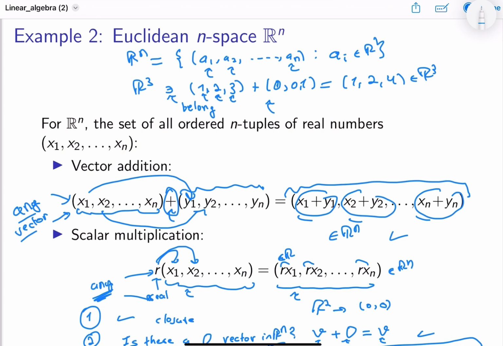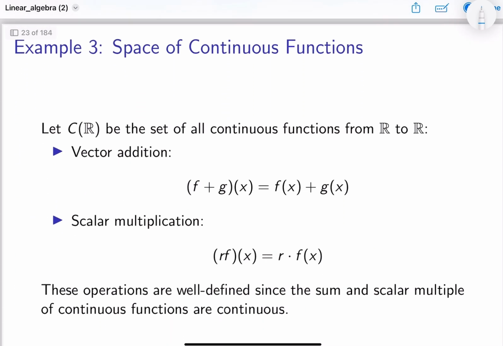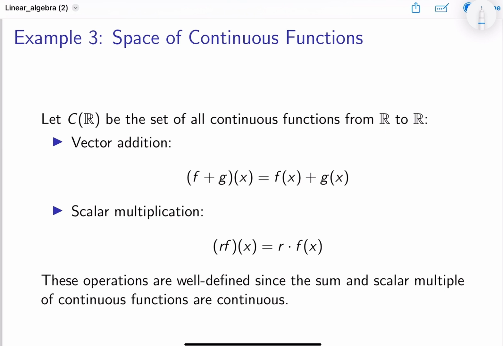So this completes the first example, and Rn, when equipped with the element-wise addition and scalar multiplication, is indeed a vector space.